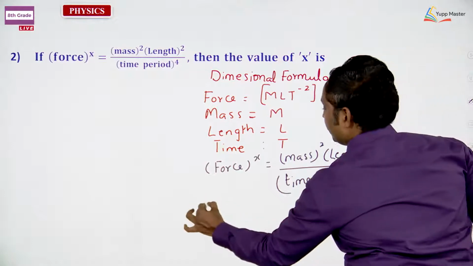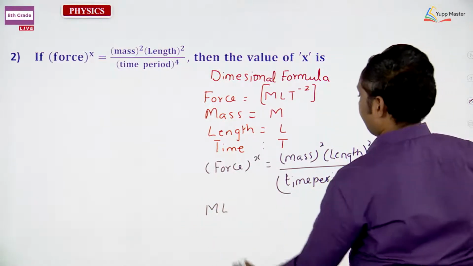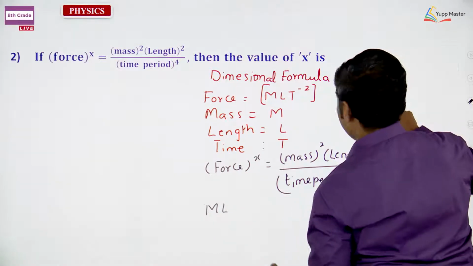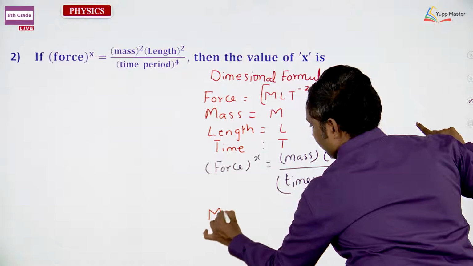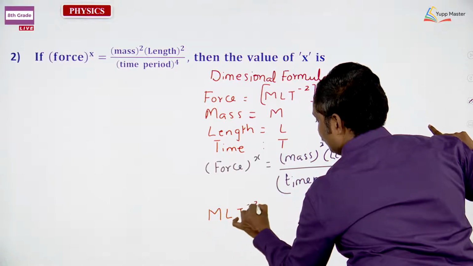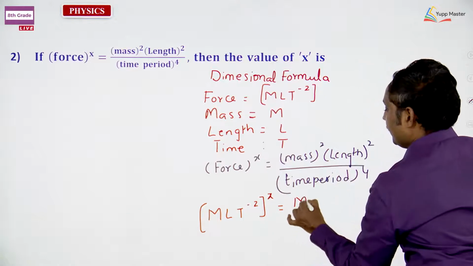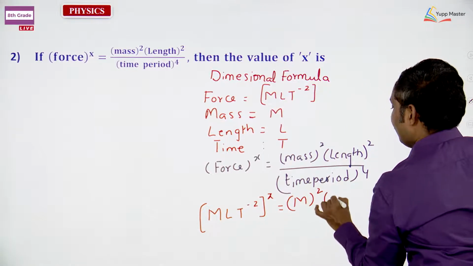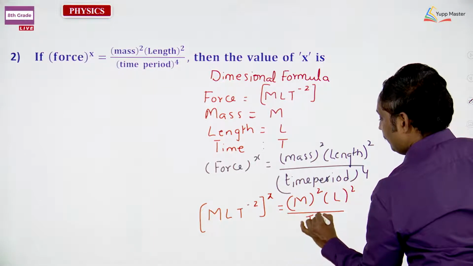Very simple: ml t power minus 2 whole power x is equal to m square L square by t power 4.